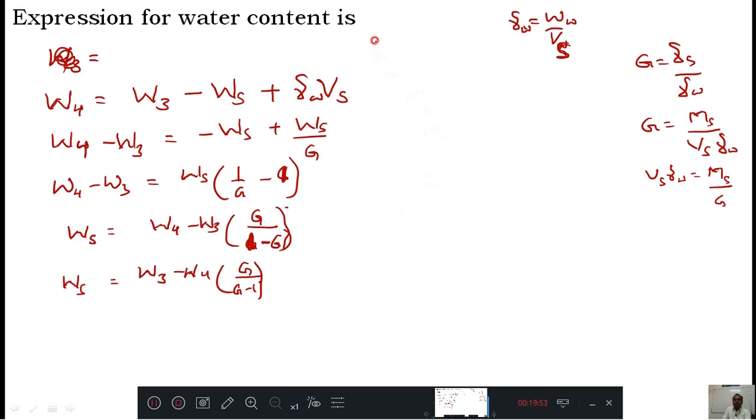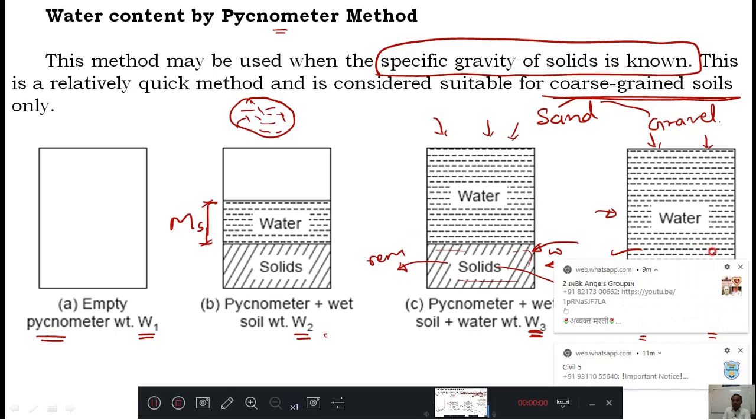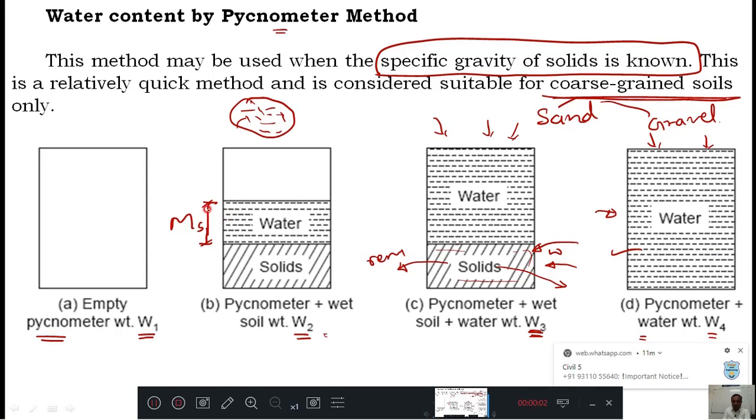Okay, now go to the figure. What is the mass of water here? This mass of water can be measured as W2 minus W1 minus Ws. In this diagram, you remove the container and you remove the solids, then you will get the mass of water.